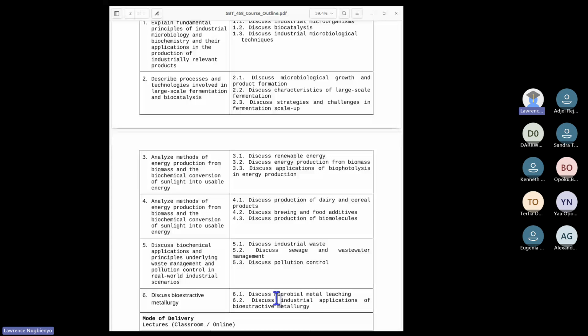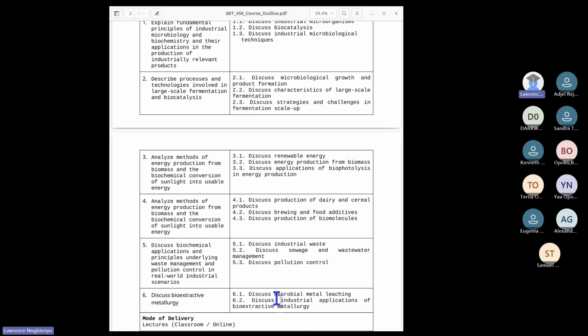Some metals that are found in waste, how these can also be broken down to make the waste less toxic. So generally, these are the things we'll be looking at.